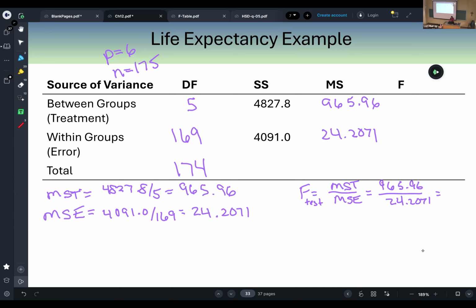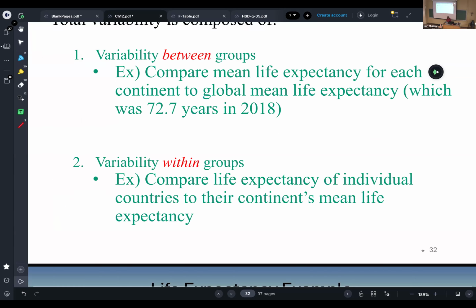And I got 39.89, right? So 965.96 divided by 24.2071. I got 39.904 if I want to be really picky here.